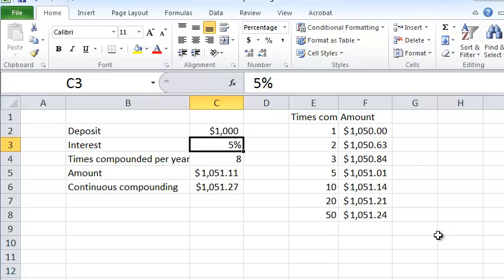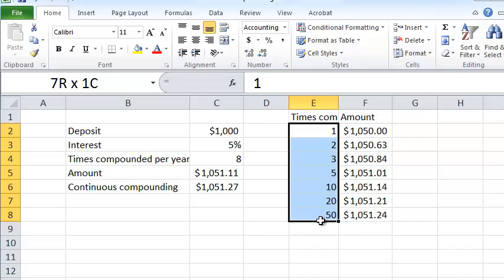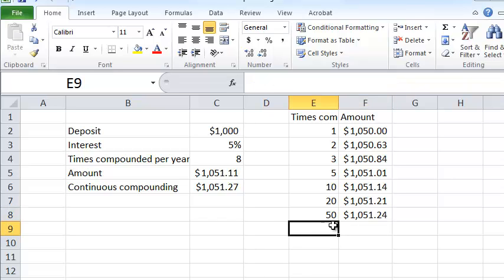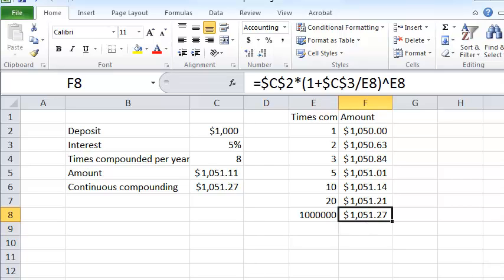And in that case, the total money that you will receive is $1,051.27. And you can see here that as you increase the times compounded number, the value tends towards 1,051.27. So let's say you make this really large, it becomes 1,051.27.